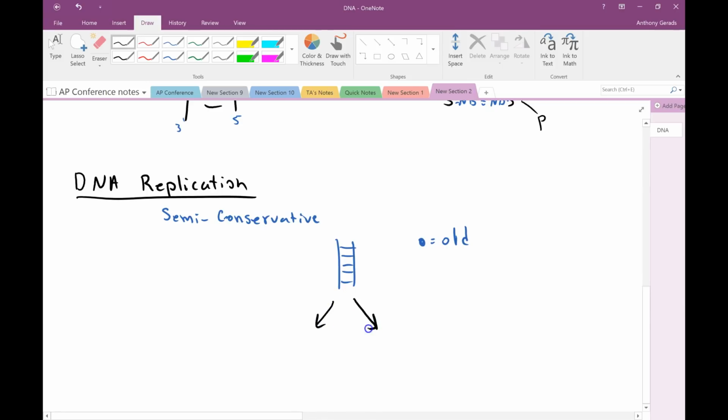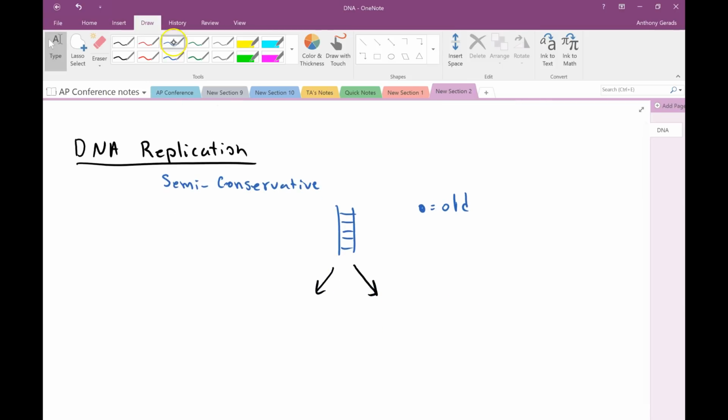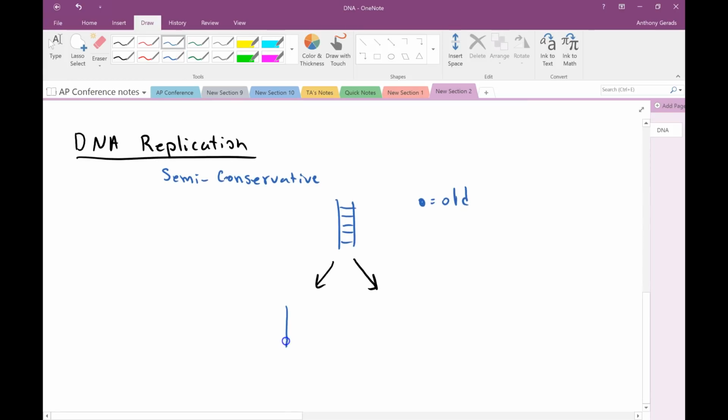Okay, what it's going to do is each half of that parent strand is going to serve as a template. So it's going to get uncoiled. Okay, helicase is going to come along and unzip it, and each half is now going to serve as a template for a new strand. And then I'm going to have new DNA added that's complementary to it. So half of that strand is old, half of that strand is new. Okay? That's why it's called the semi-conservative method. Because half of it's old, half of it's new.